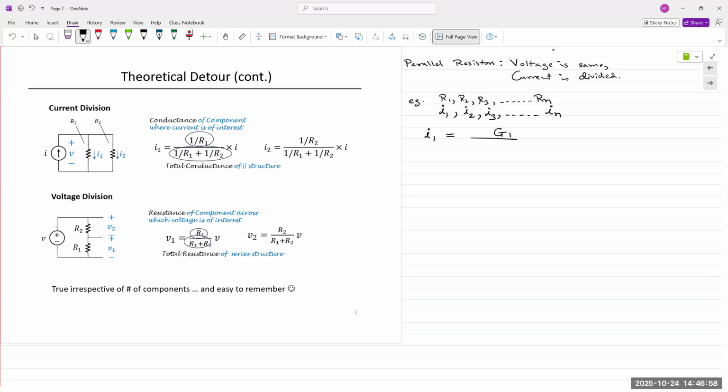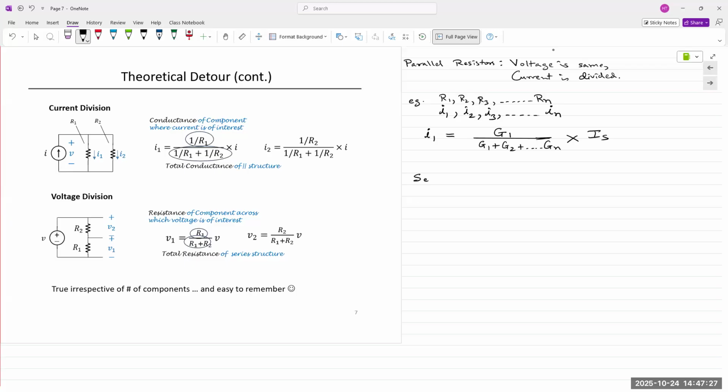So if you're talking about I1, then we want G1 over G1 plus G2 all the way up to Gn, times your source current Is.